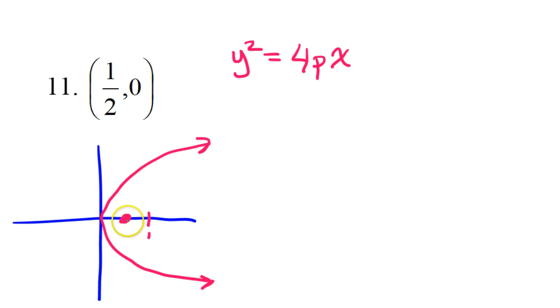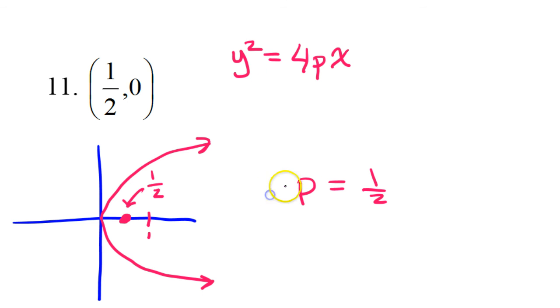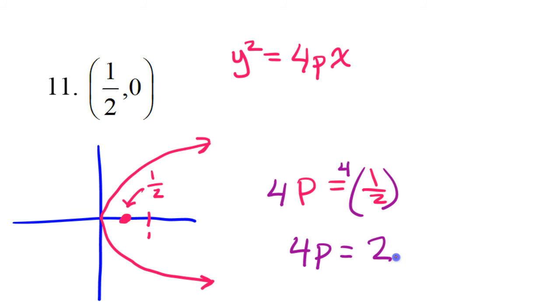Now, the focus tells us what the p-value is. And this is at 1/2. So the p-value is 1/2. If I take this and I multiply both sides by 4, then I get that 4p is equal to 2.